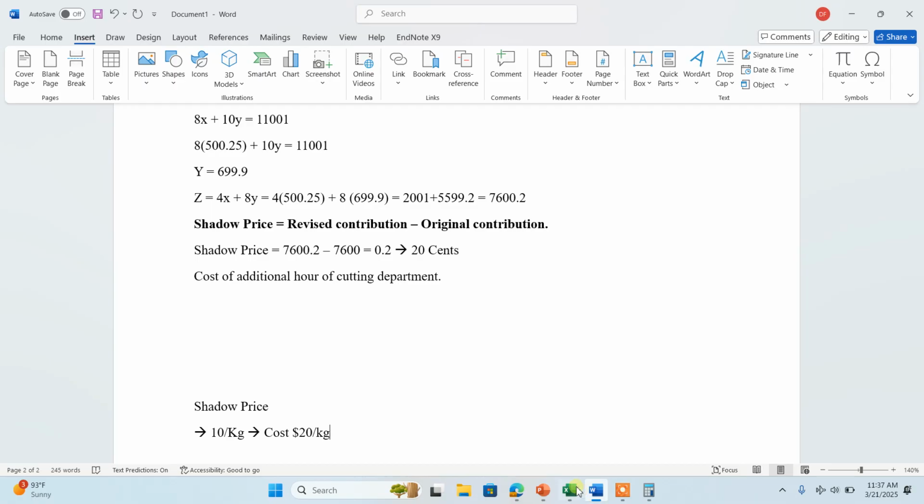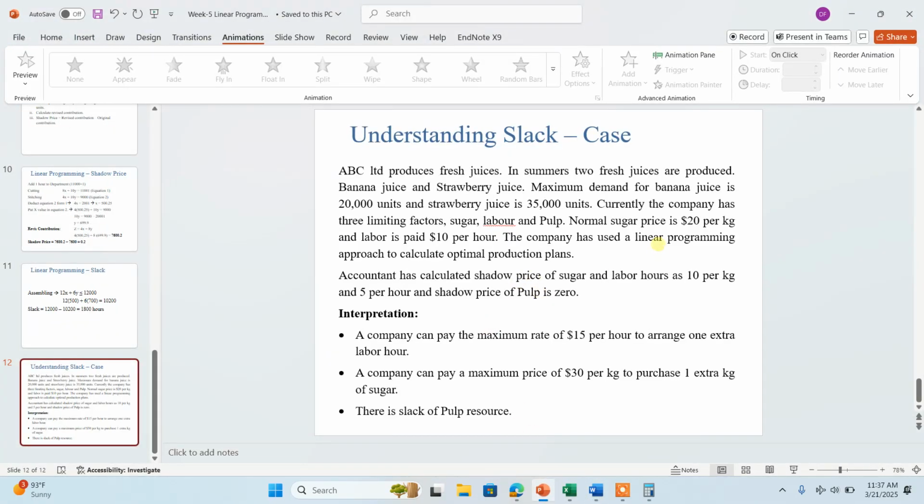It's given in this exercise. The cost is 20 per kilogram, while the shadow price is 10. The additional is 10. Similarly, labor is charged 10 per hour, and its shadow price per hour is 5.